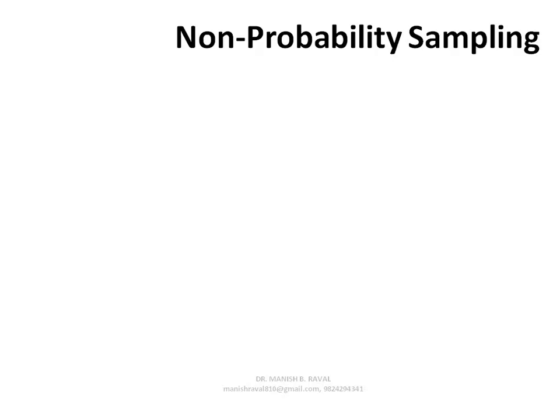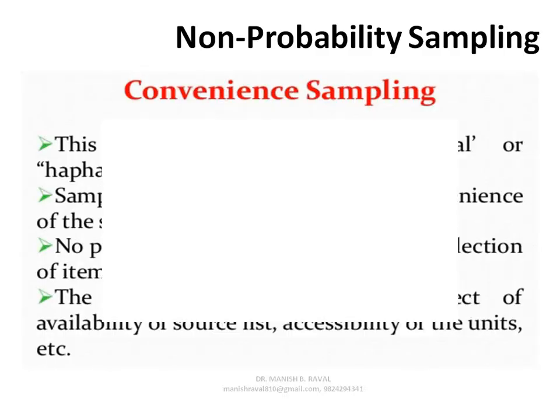As explained in the first half, under non-probability sampling every element does not have an equal chance of being selected in the sample. When every element does not have an equal chance of being selected, it is considered non-probability sampling or non-probabilistic sampling.